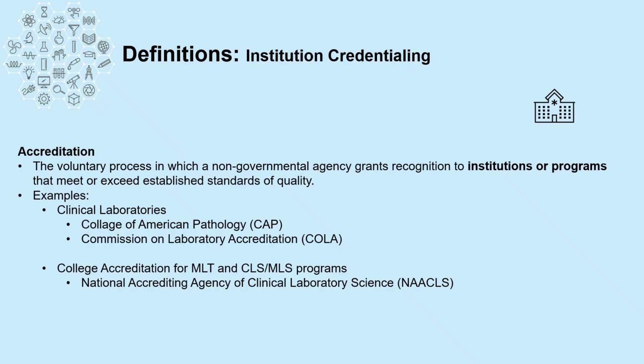If it's a smaller laboratory, maybe they don't have as many tests or maybe not as complicated of tests like a hospital would, like maybe a doctor's office, they could probably get away with going through an agency like COLA, the Commission on Laboratory Accreditation, where they're doing far fewer tests and far less complicated. So those are two examples of accreditation agencies for clinical laboratories.